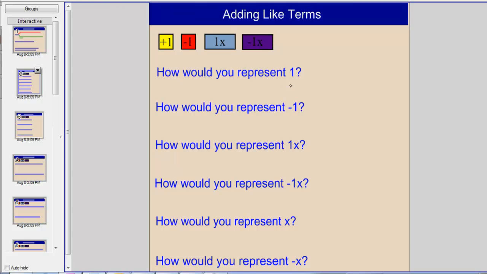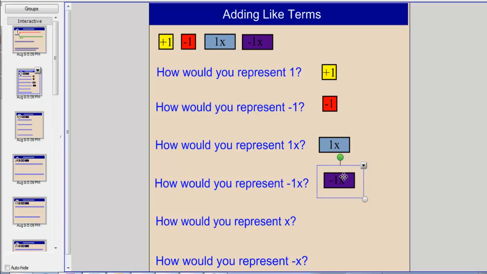So think about how you would represent 1. You thought a yellow square, you're right. What about negative 1? That would be a negative red square. 1x, a blue rectangle. Negative 1x, a purple rectangle.